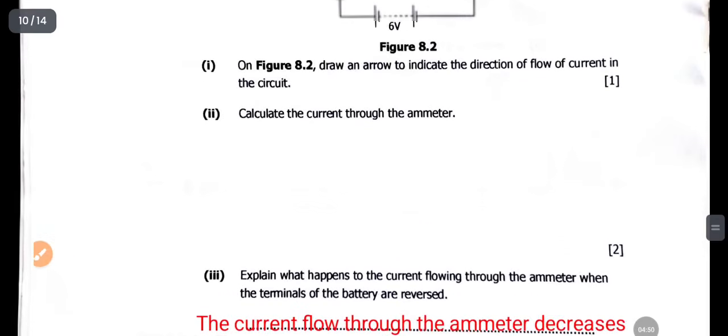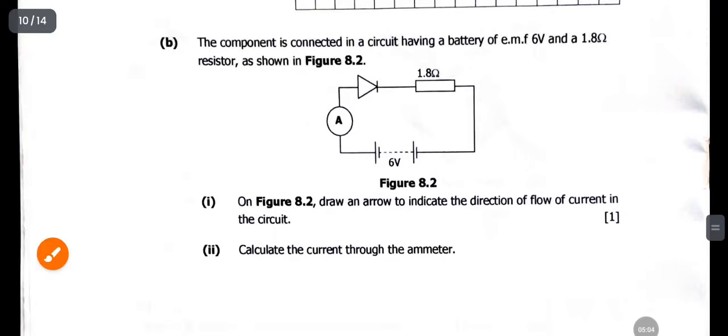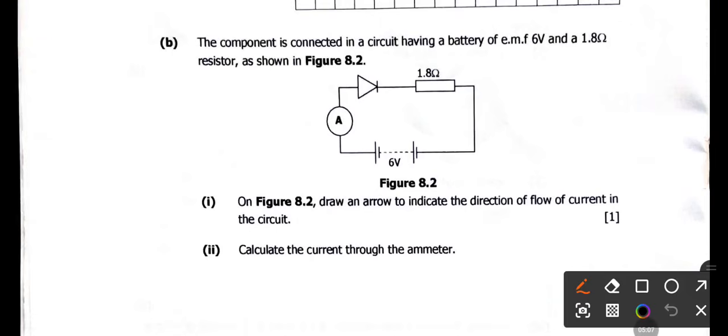Then question 3 says explain what happens to the current flowing through the ammeter when the terminals of the battery are reversed. Remember, current flows from the positive terminal to the negative terminal. If you reverse the polarity, the ammeter will not register any reading at all.